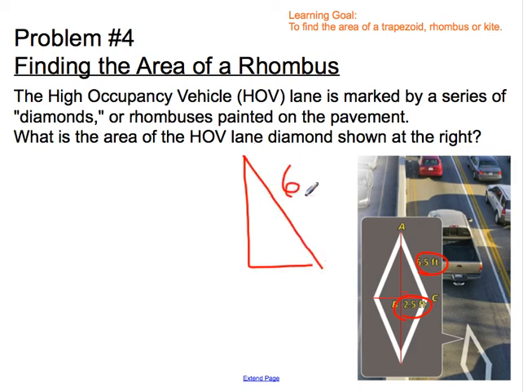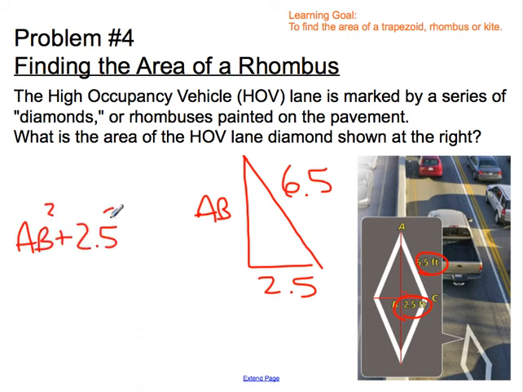We know that the hypotenuse is 6.5, and the shorter of the two legs is 2.5. If we want to call this the length of AB, we know that AB squared plus 2.5 squared has to equal 6.5 squared.